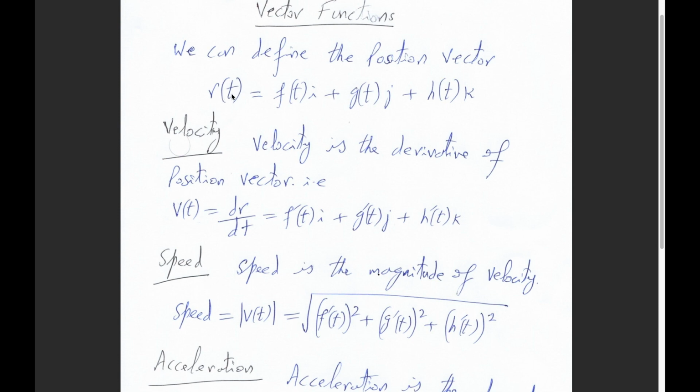Say I can define the position vector r(t) equal to f(t) i plus g(t) j plus h(t) k. Here f(t), g(t), h(t) are functions of time. So the biggest difference from the previous lectures on vectors is that there we had only a real number, but now we will be dealing with functions.